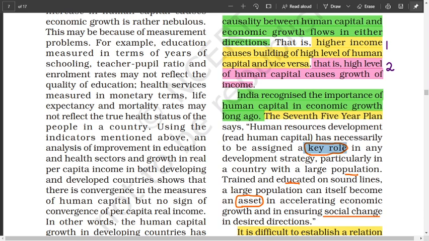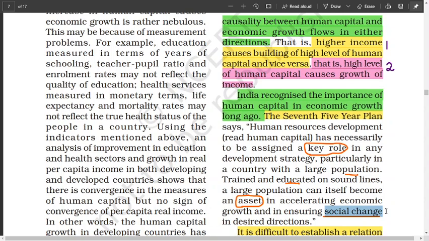If you want to develop a country, you must have a strategy, and you need to assign these resources the respective role. And you understand India has a huge population. So if you train them, if you educate them on a sound line, this high population can become an asset, can become productive towards bringing economic growth and accelerating that in the long run, and also bring about social change in the economy.